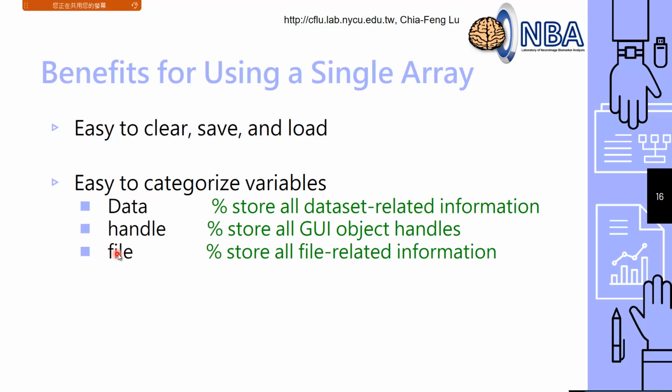But for file, I can put something like file dot path, file dot name. I think they are all related to the file that you can find within your computer. So you can use the structured array to differentiate or categorize what you need. Okay, so I think this is a benefit of the single structured array. You can store everything inside, and it can help you understand the structure or categorize the variables you have. Okay.